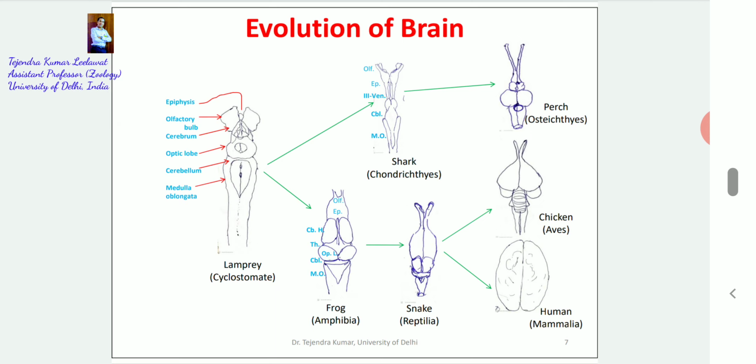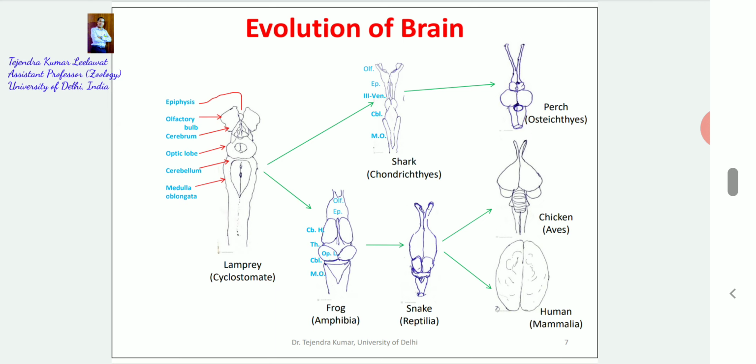There are two olfactory bulbs, and at the end portion of the olfactory lobe the cerebrum is attached, and then the optic lobe, cerebellum, then medulla oblongata, and then the spinal cord. So this is the basic structure of the brain that was present in the lamprey or cyclostome.